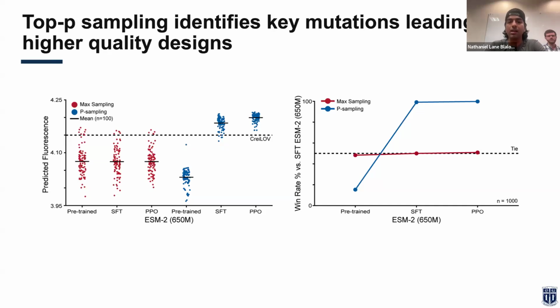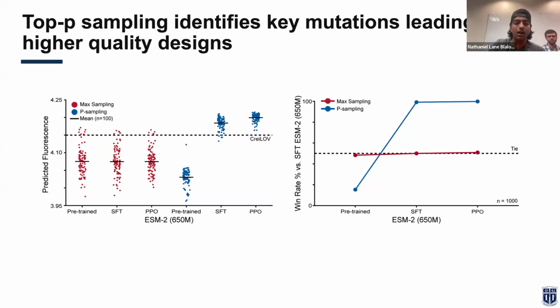On the right, you can immediately see the benefit from switching from simple greedy sampling to a top P sampling scheme, such that at pre-training, max sampling is better than top P sampling. But then as you move to SFT and PPO, you almost achieve perfect win rates. So we were super encouraged to see this result and implemented this for our RLXF pipeline.